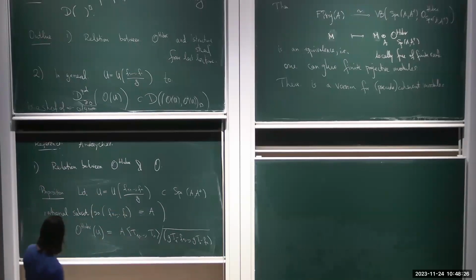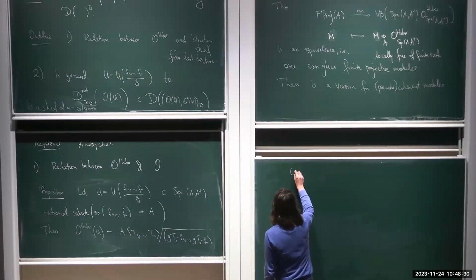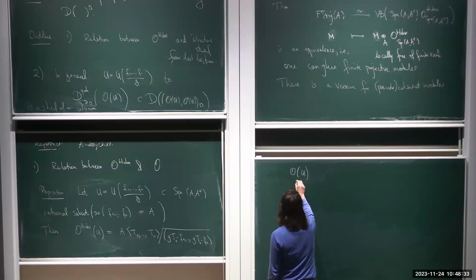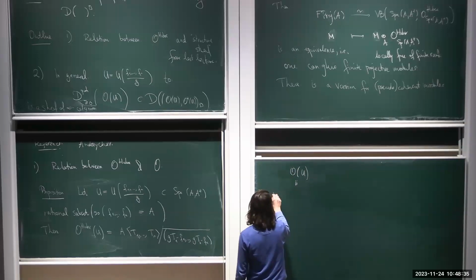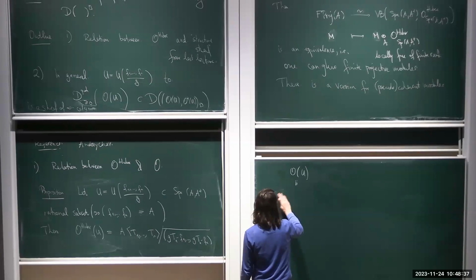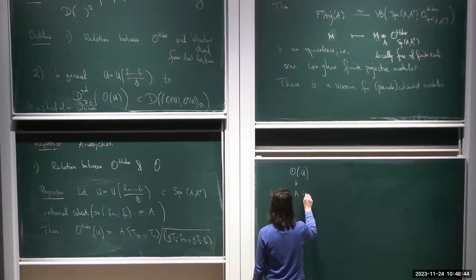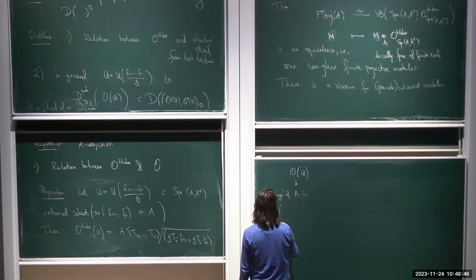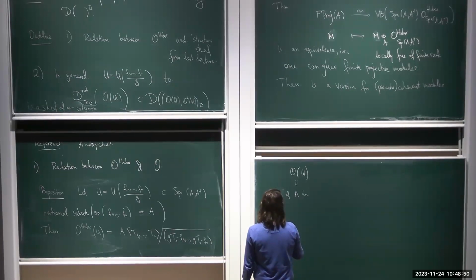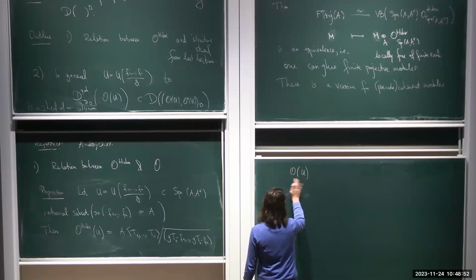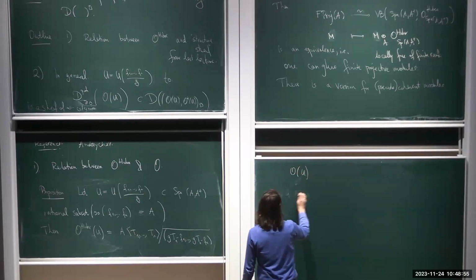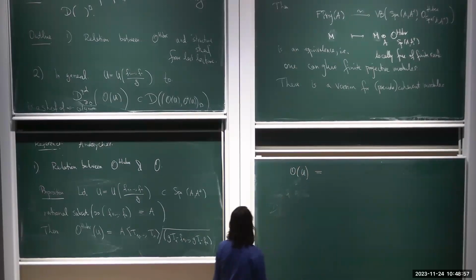Okay, so this is maybe not so hard to show. Now recall the endomorphisms, the image of A, which was just defined last time.